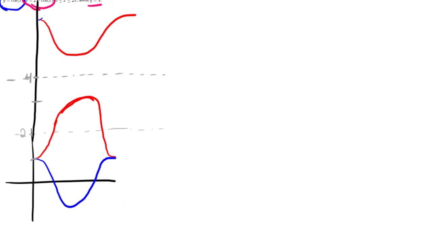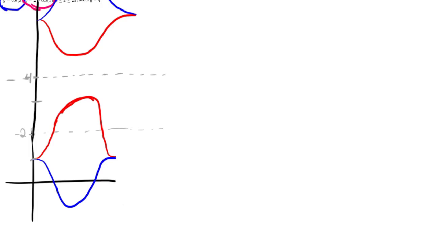And then this one's going to look like, let's just pretend like it goes up there and then it kind of goes up there. And let me kind of erase that.